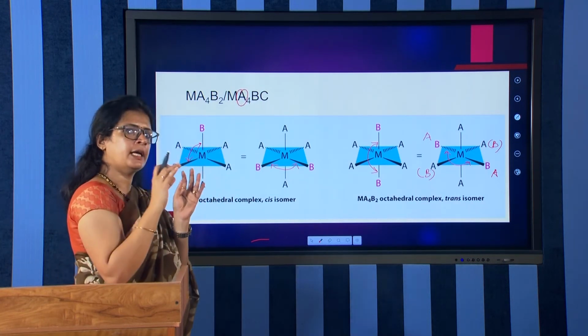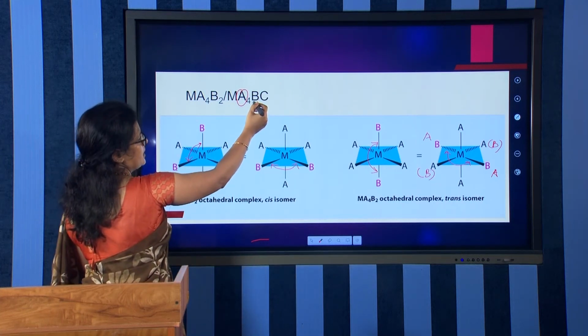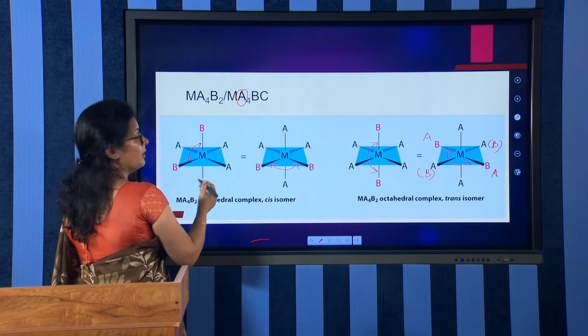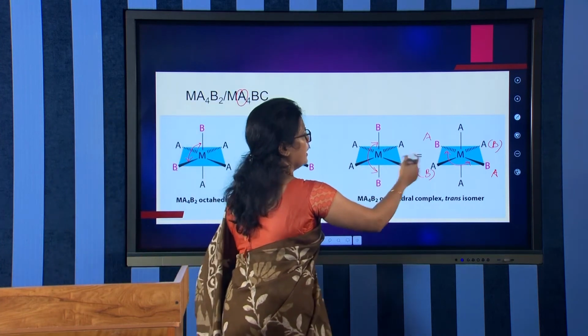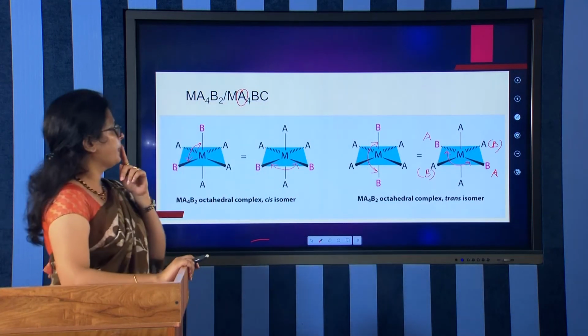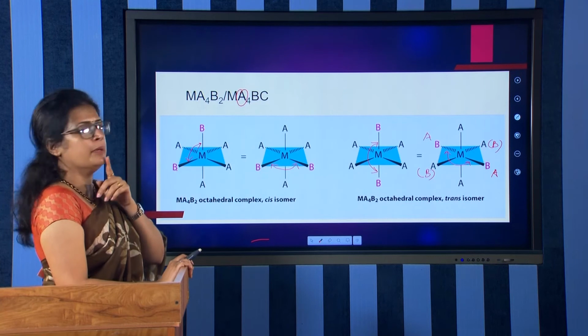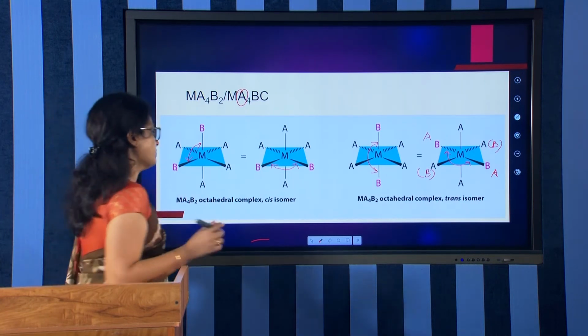So, it can be taken as similar. When this B and C are like this, it will be a cis isomer, and if this B and C are like this, it will be a trans isomer. So, MA4B2 and MA4BC will show geometrical isomerism.